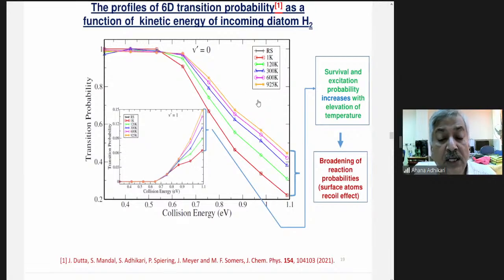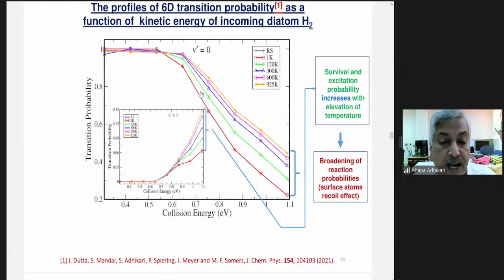But you can see that at 1 Kelvin, you started with V0, J0. And if you look at V prime 0, that means that is elastic collision. That means you see that this is the red curve at 1 Kelvin.